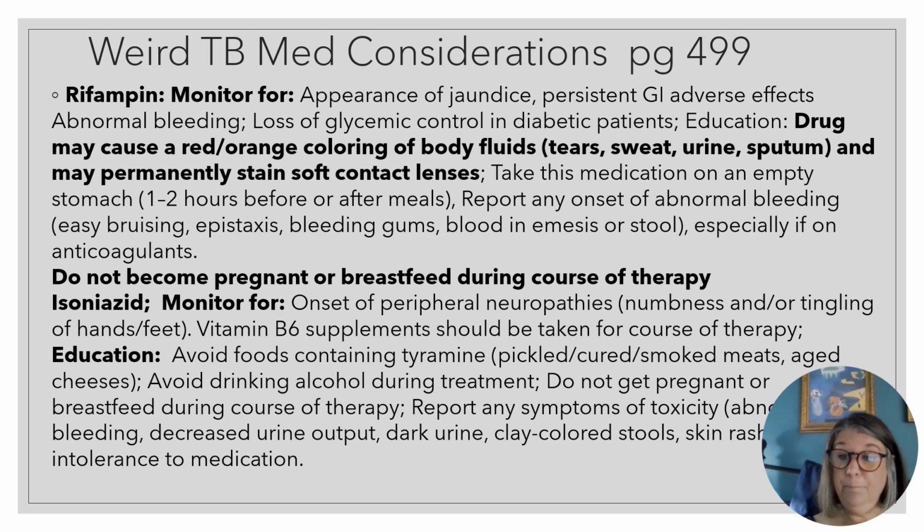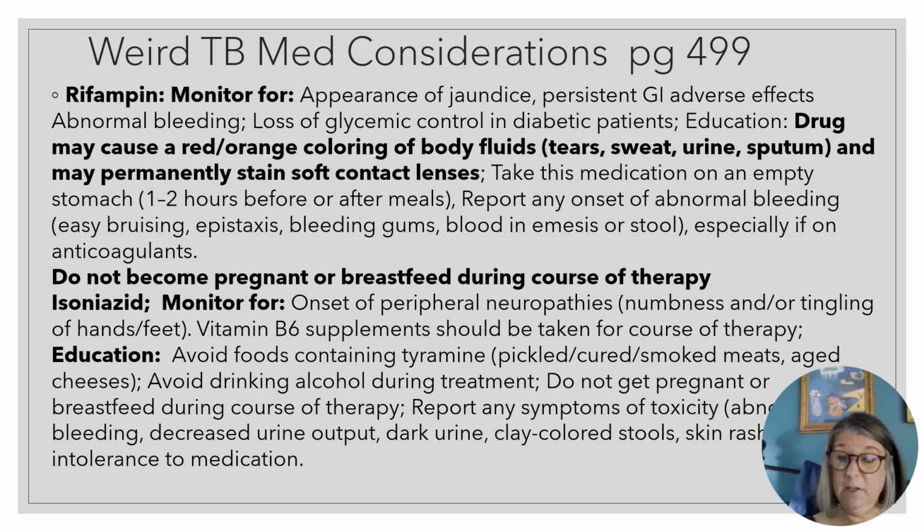Isoniazid is used with TB, but it can cause peripheral neuropathies, which is weird. So to avoid peripheral neuropathies, we recommend taking a B6 supplement with that. That's a weirdo thing, right? You also want to avoid foods containing tyramine, which is your pickled, cured, smoked things, any aged cheeses.